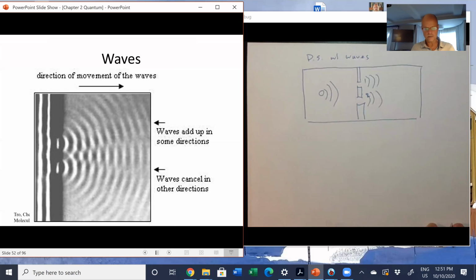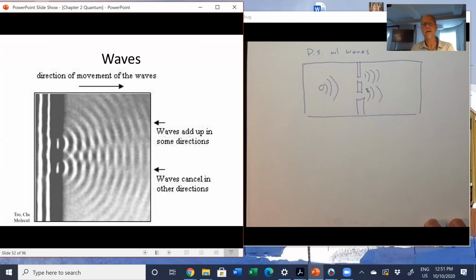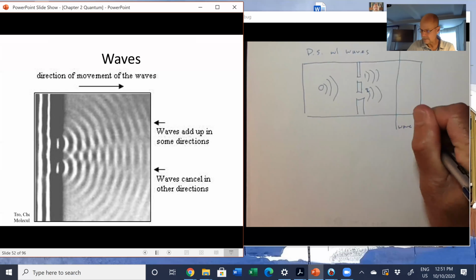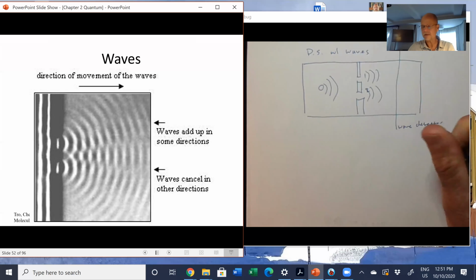We learned last time about diffraction and interference with waves. So again, over here, we're going to have a wave detector, and the detector is going to detect the intensity of the wave wherever it hits along that surface. So what do we see in this case?